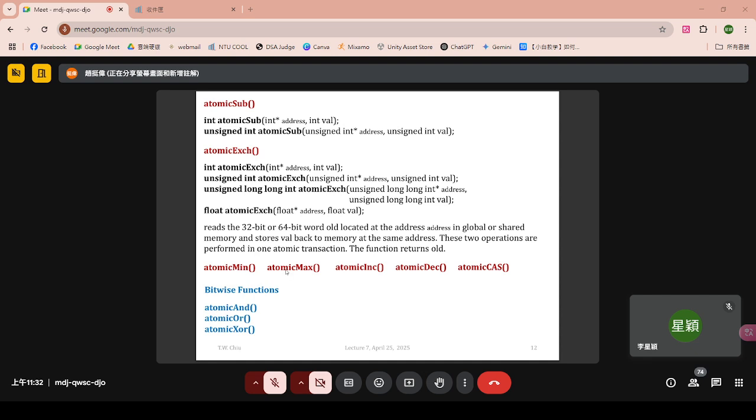Atomic minimum or maximum or increment, decrement, all of these can be done. I think maximum and minimum are fine, but increment or decrement I think is not so frequently used. And the bitwise functions also depend on your application. For a full list of the atomic operations, you have to look up the user guide.